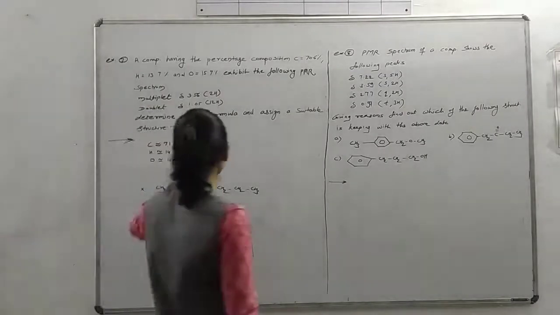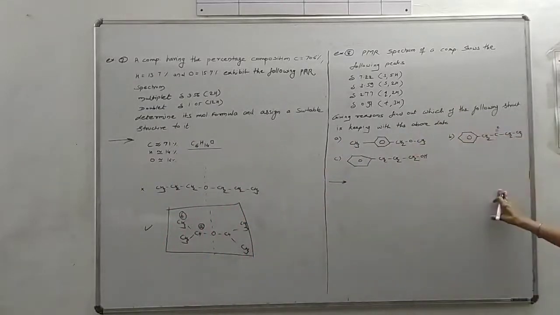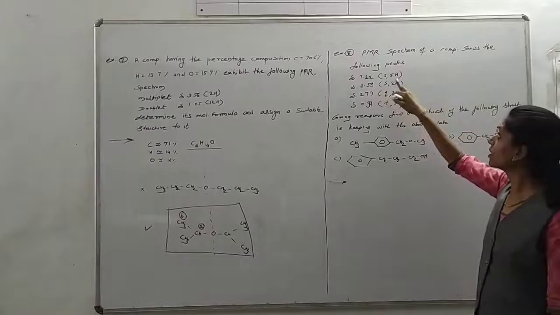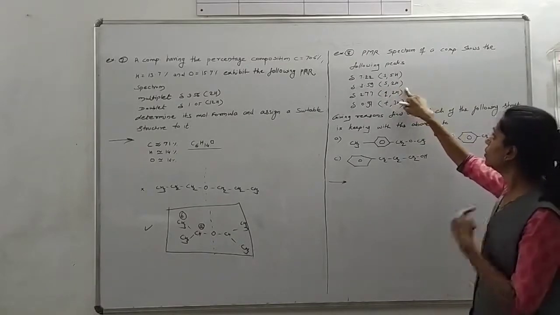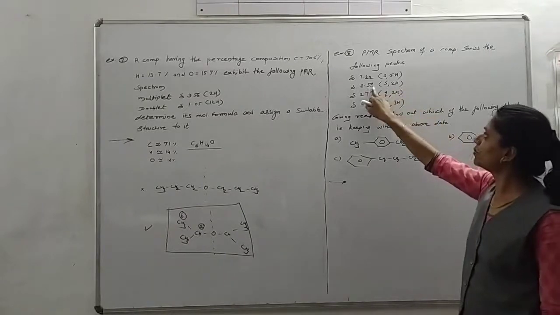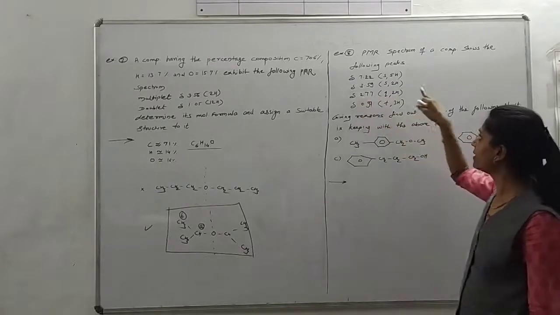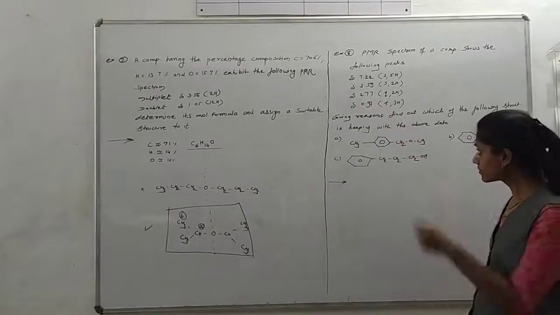I hope you understand. We go to the next problem. We solve this: the PMR spectrum of a compound shows the following peaks. 4 signals are here: at 7.22, 5 protons give a singlet; 2 protons give a singlet at 3.59; 2 protons give a quartet at 2.77; 3 protons give a triplet at 0.97.